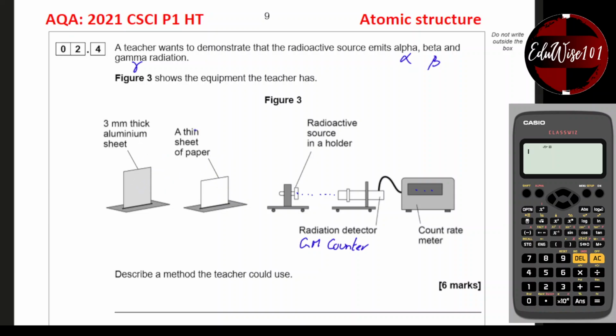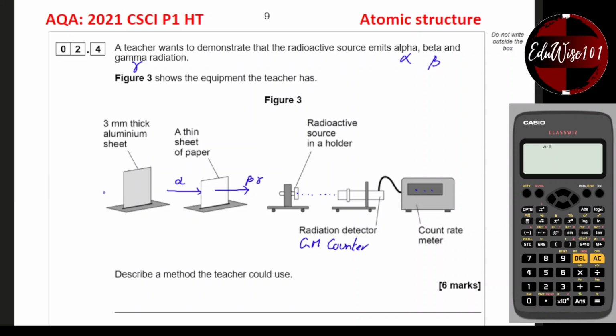Now, paper will stop alpha particles, but it will actually let through the beta particles and the gamma particles, because alpha is just stopped by a thin sheet of paper, but paper is not thick enough to stop the beta and the gamma.